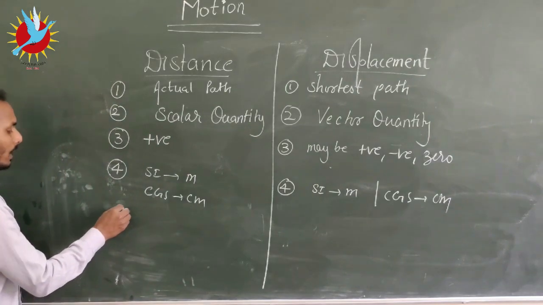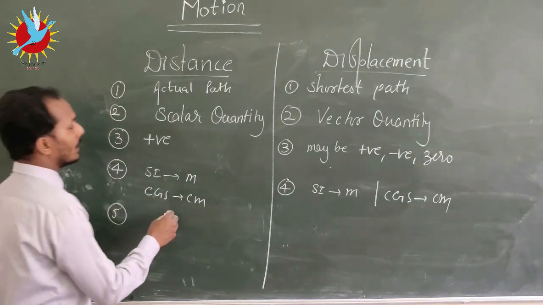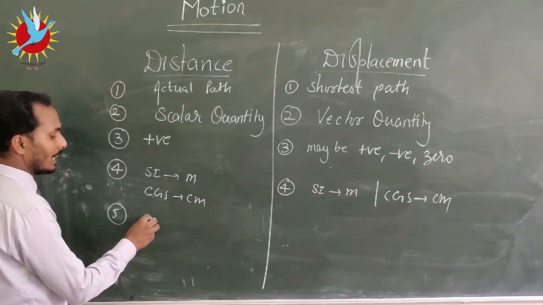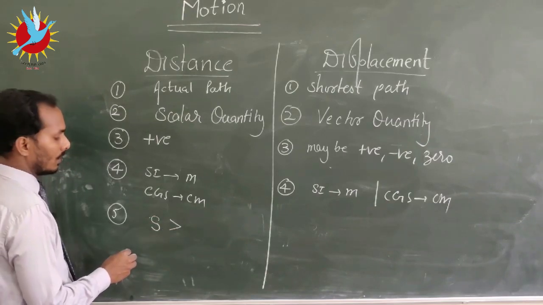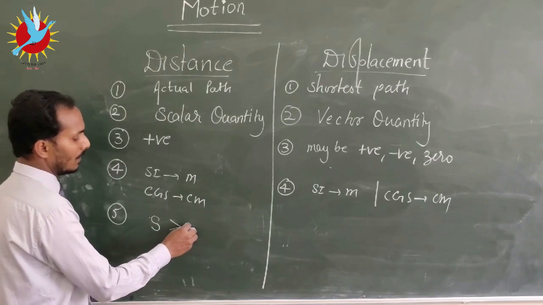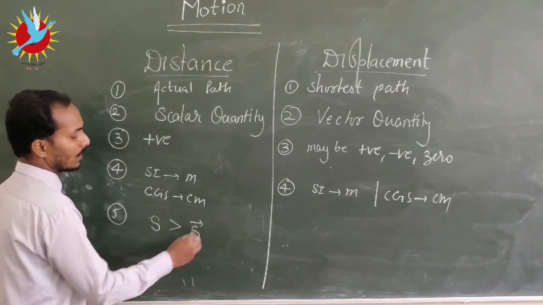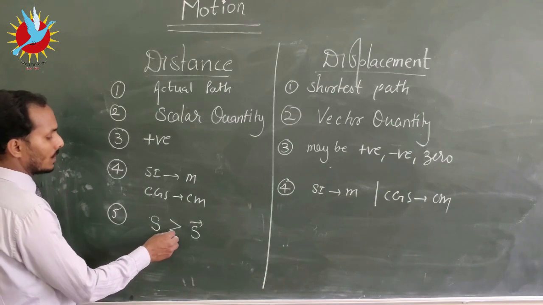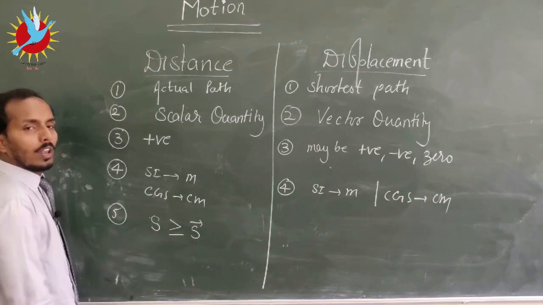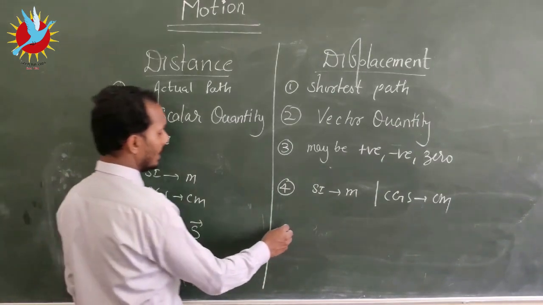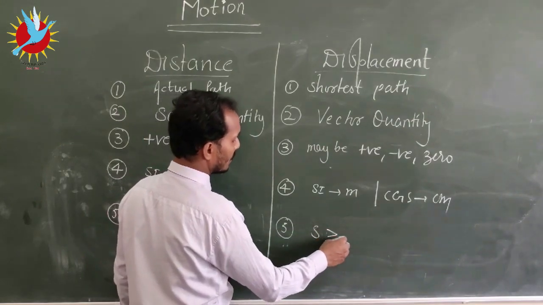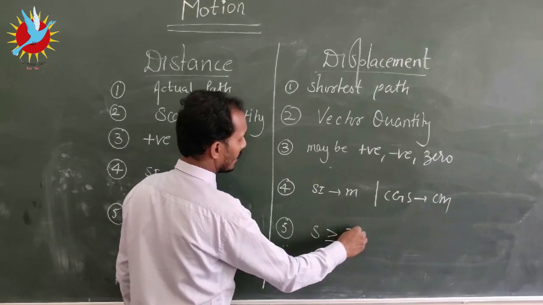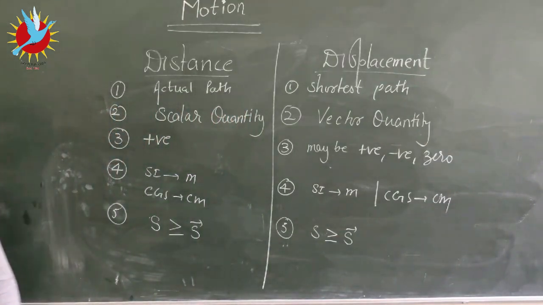Fifth point, distance is always greater than or may be equal to displacement. Also, displacement may be equal to distance. These are some of the points we discuss here.